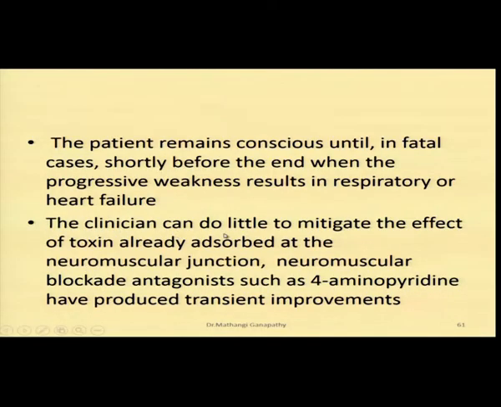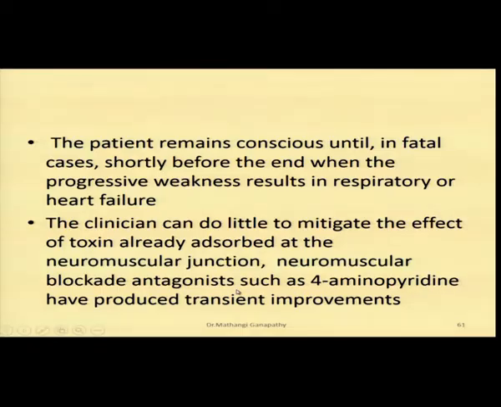The clinician can do little to mitigate the effect of the toxin already absorbed at the neuromuscular junction, or neuromuscular blockade. But sometimes the antagonists, neuromuscular blockade antagonists like 4-aminopyridine, have produced transient improvements. See, once the toxin has spread throughout, this is fatal.